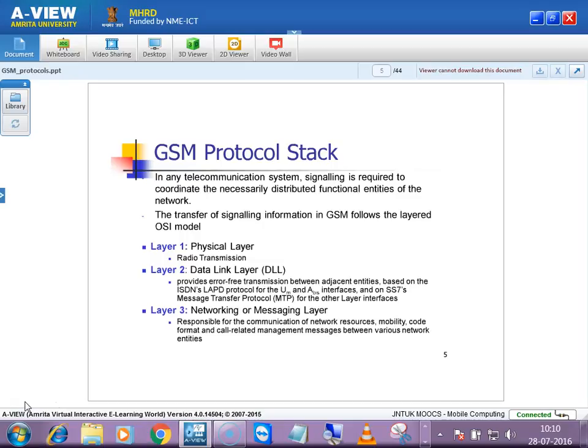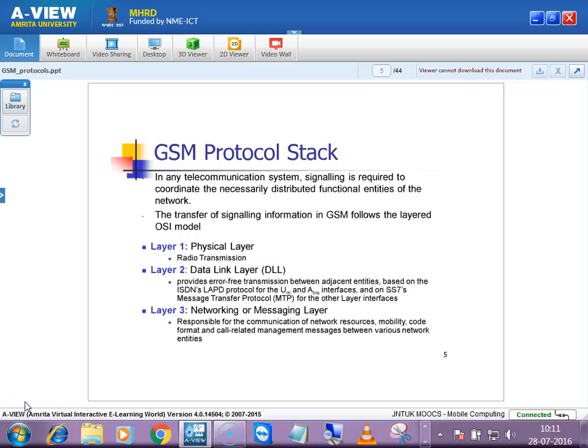There will be some hundreds of processes going on before you make a call. The phone will be up, and after that it will search for signals, and then receive signals from many base stations, and it will filter one base station out of that.